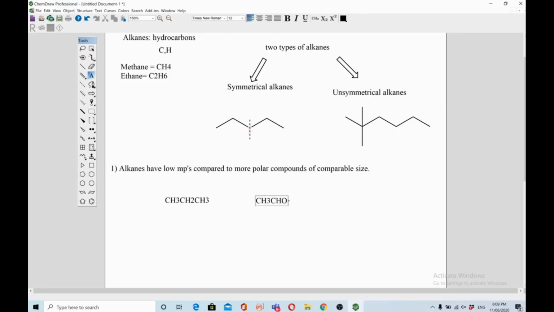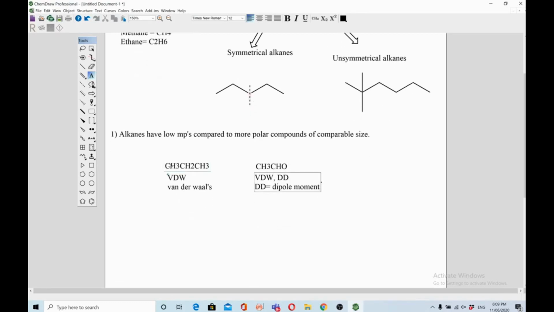This is aldehyde, this is alkane, and this alkane has VWD interaction, that is van der Waals interactions, and this one also has van der Waals interactions, and DD also. DD is dipole moment. Okay, I'll make another video about interactions, but here you just need to know what type of interactions are present in particular compounds. Alkane has only van der Waals interactions, so this is more polar, this is less polar.